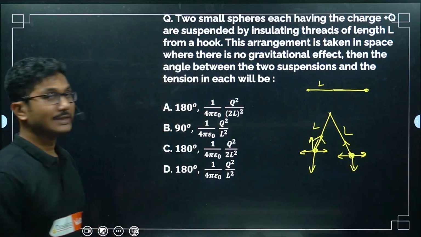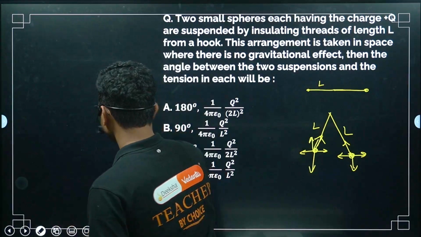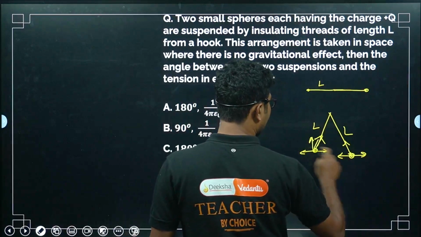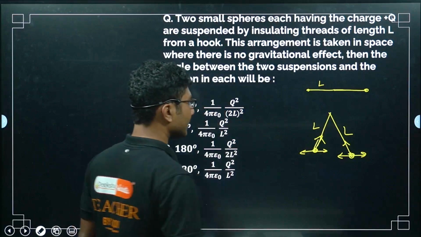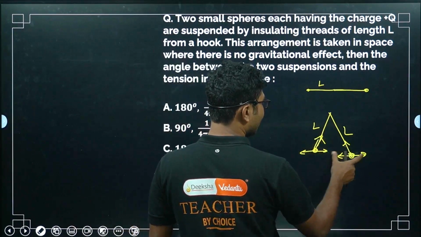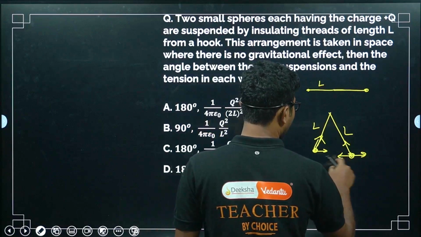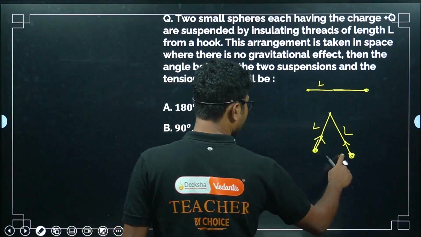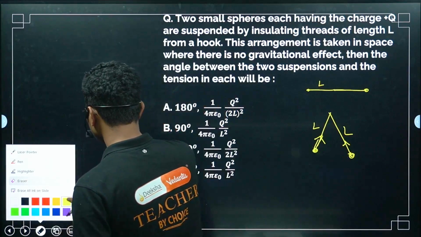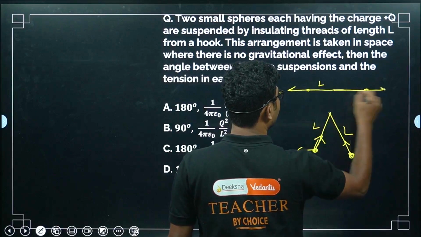But once this is in space, these bottom components are no longer there. So whatever the tension is, it doesn't have to balance these downward components. So the only force that will be there is this repulsion force. The only way to balance these repulsion forces is that they will make an angle of 180 degrees.